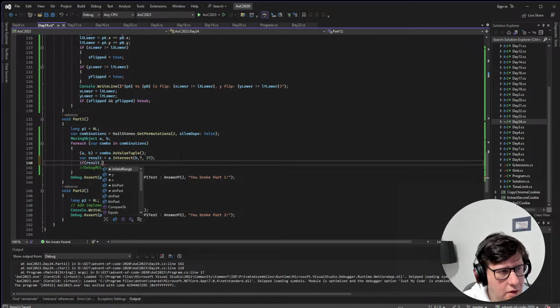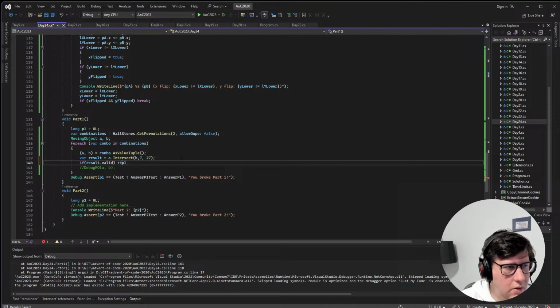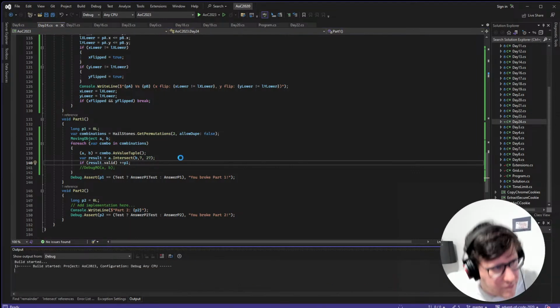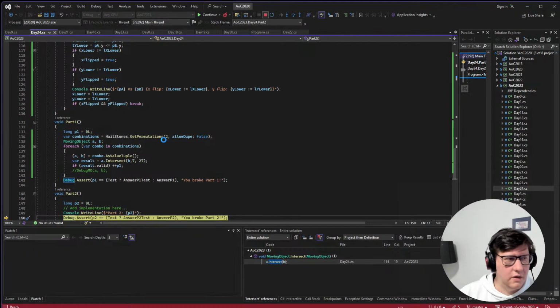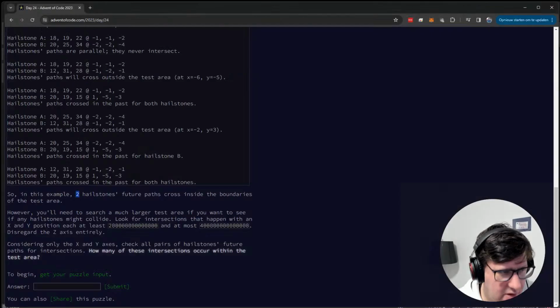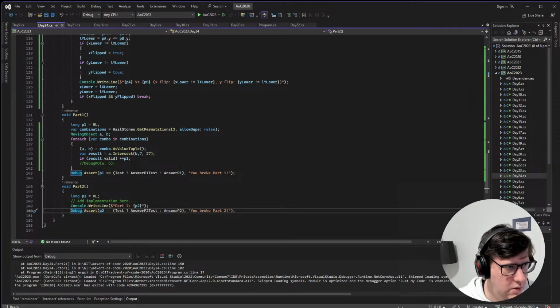If result that is valid, P1. Okay, that works. So now for the real ranges. Which is fine.